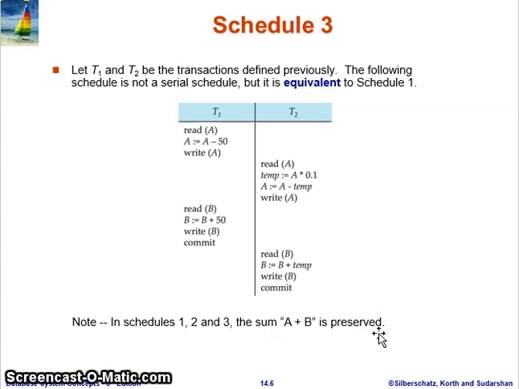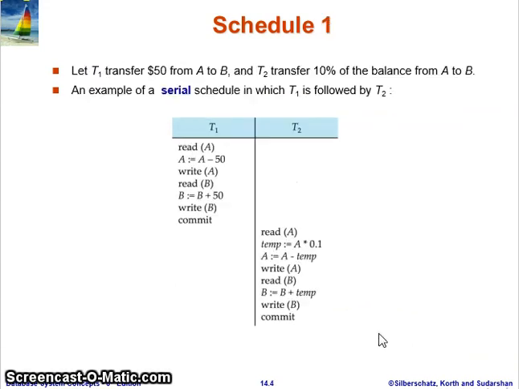How this value is preserved, let's see. Let's start from schedule 1. Suppose the current value of A is 100. Current value means the balance is 100.